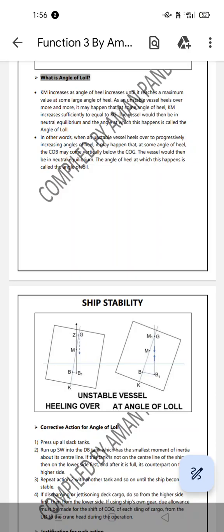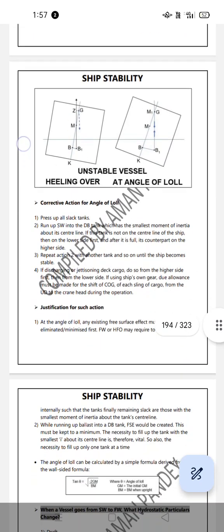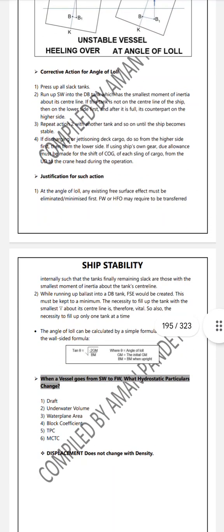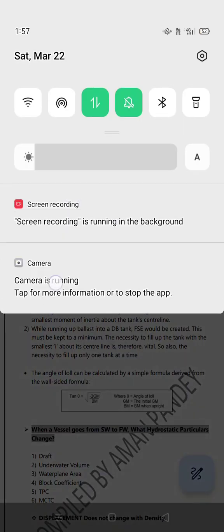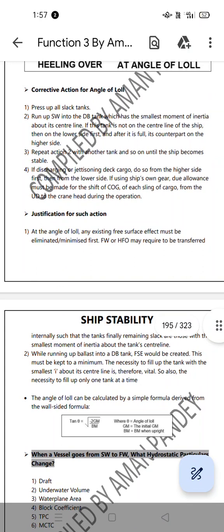Corrective action: now we have to reduce the FSC. We have to see for any vessel which is at the center line of the vessel, and if it has FSC, we have to fill it up.